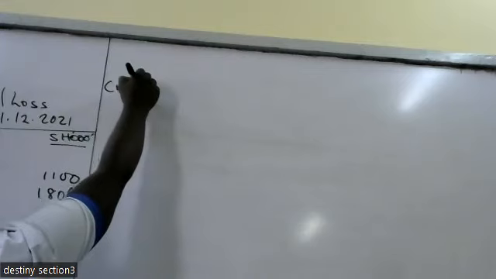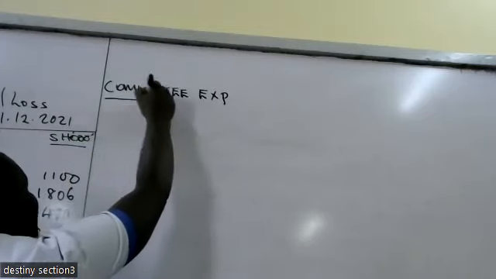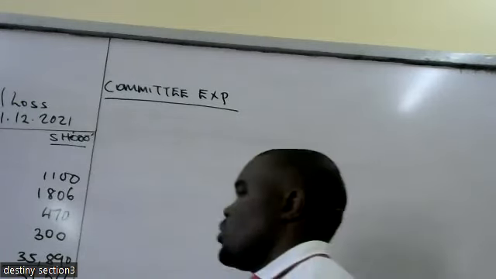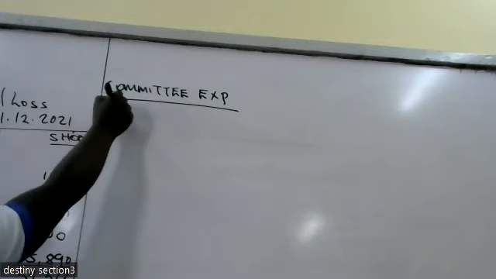Yeah, so write committee expenses. Committee expenses, one of them is traveling.